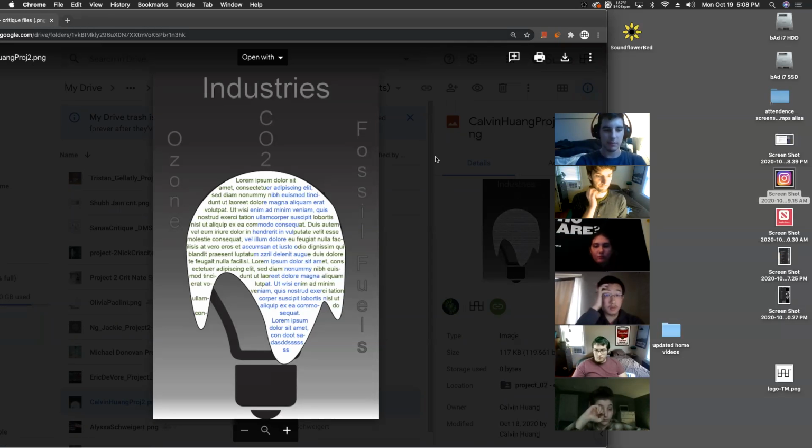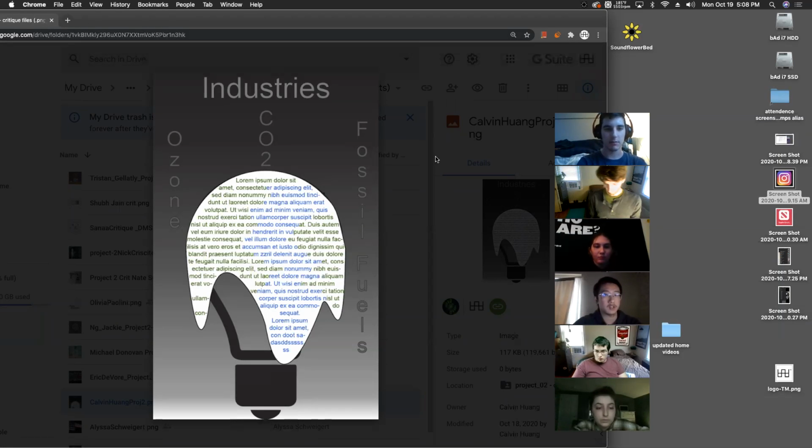Okay, continuing on. So mine's a focus on climate change, and I have industries as a dark looming part, with things like the ozone problems, CO2 and fossil fuels dripping off from the industries, while the light bulb is supposed to represent renewable energy.